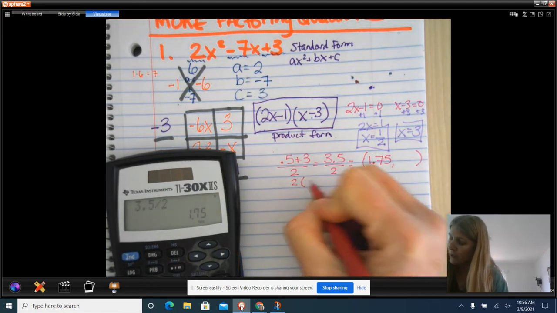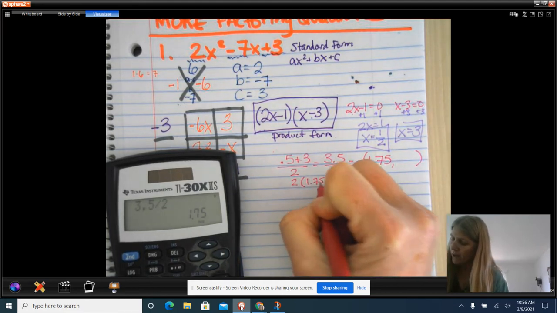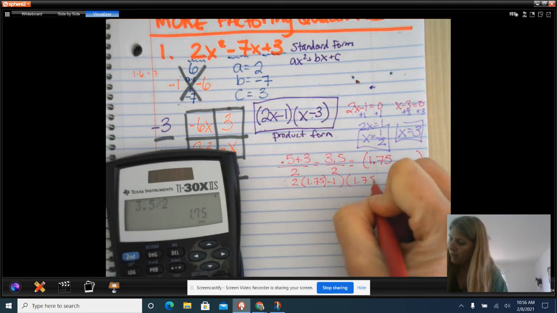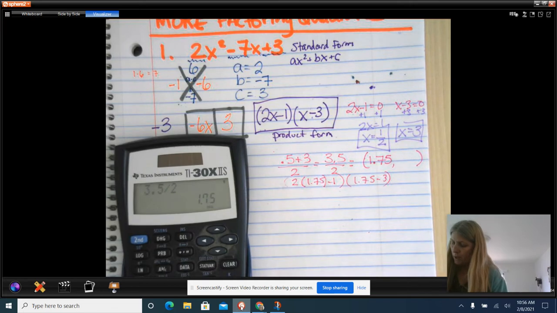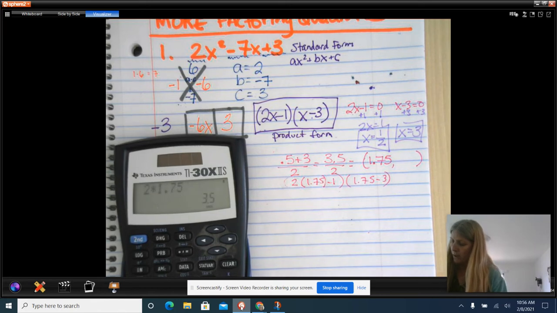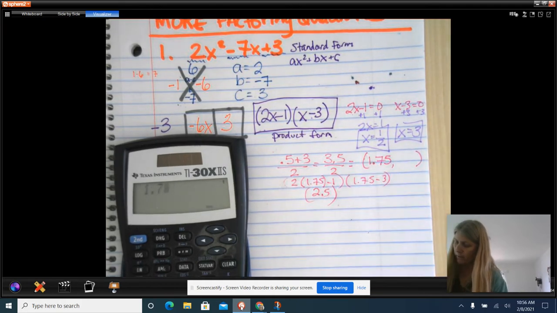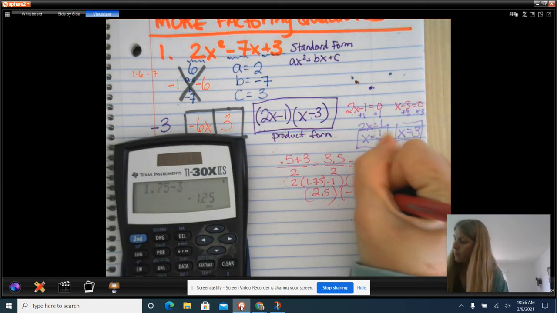So I have 2 times 1.75 minus 1, all times 1.75 minus 3. So times 2 minus 1, 2 times 1.75 minus 1, and that's 2.5 times 1.75 minus 3 times negative 1.25.